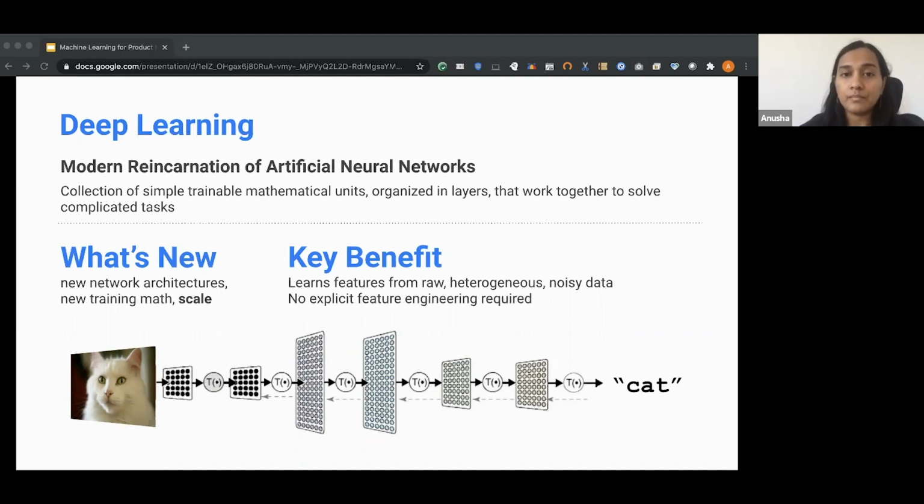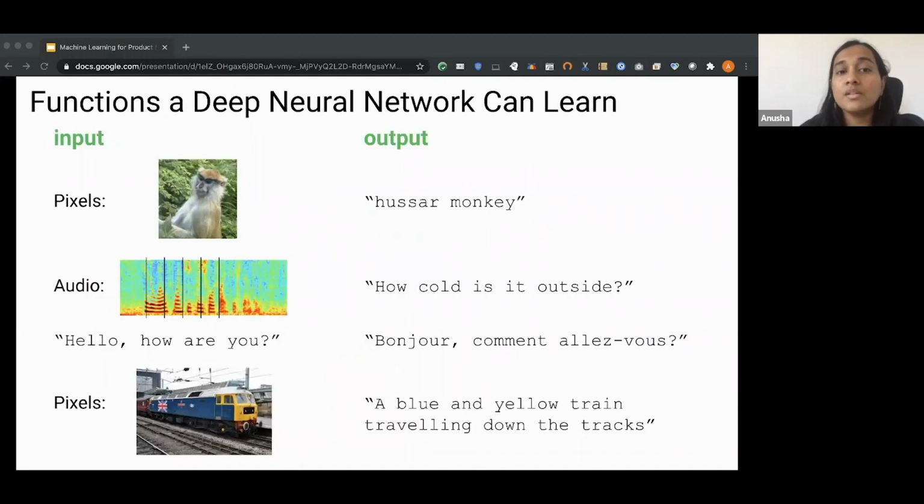So here's an example of what kind of things deep neural networks can learn. Given an image, it can tell you what's in the image. Given audio, it's able to understand what's in the audio. Given a text, it's able to translate that text to another language.